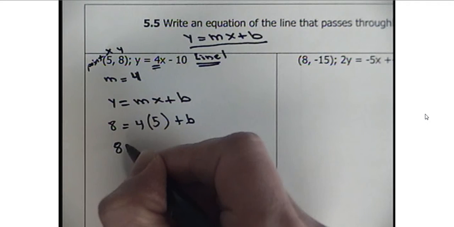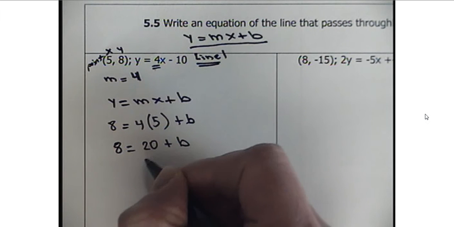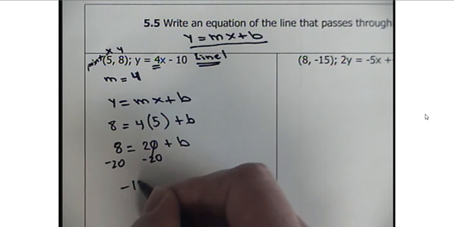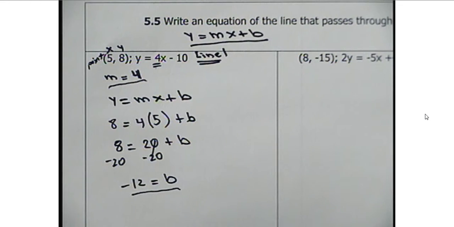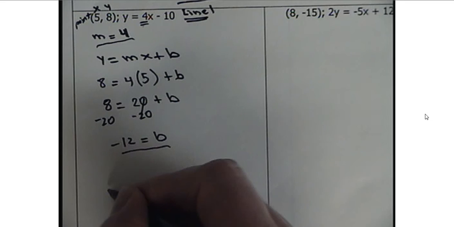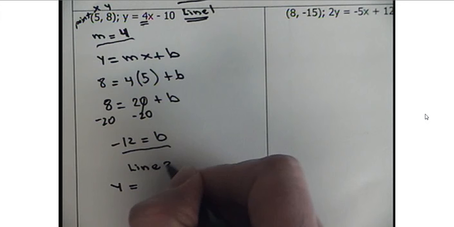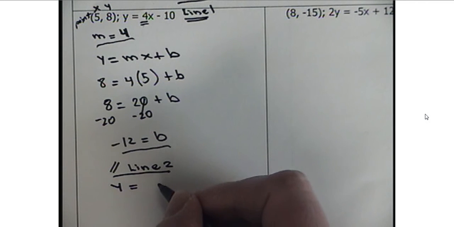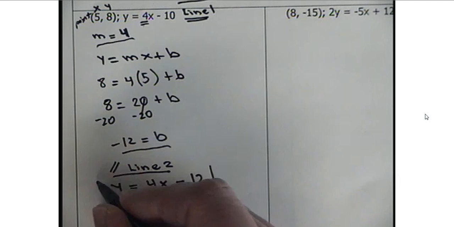Well, 8 will be equal to 4 times 5 is 20 plus b. Last step, subtract 20 from each side, so negative 12 equals b. b is negative 12, m is 4. Now from this information I can conclude that the second line, parallel line 2 equation is y equals 4x minus 12. That will be my final answer here.